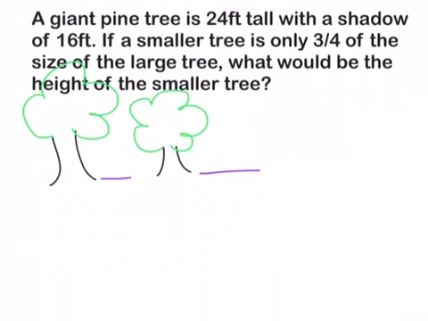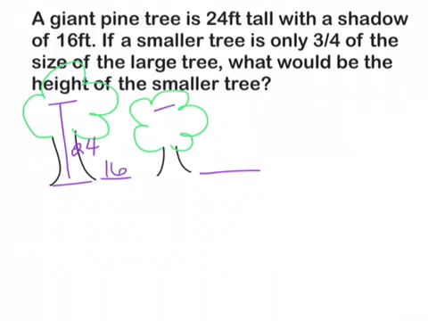Okay, so our first problem. A giant pine tree is 24 feet tall with a shadow of 16 feet. If a smaller tree is only 3/4 of the size of the large tree, what would the height of the smaller tree be? Okay, so first thing I'm going to do is label. I have a pine tree that is 24 tall, and its shadow is 16 feet long.